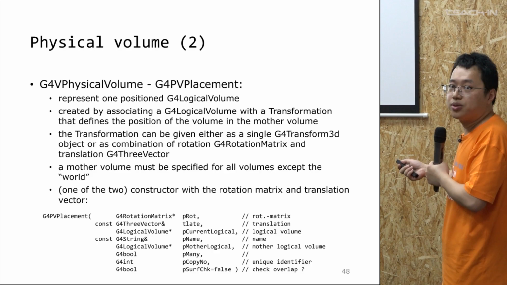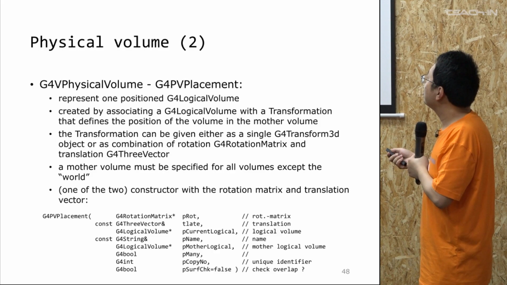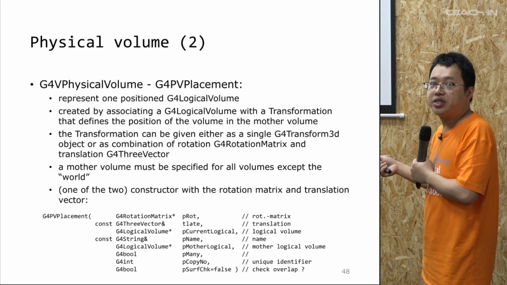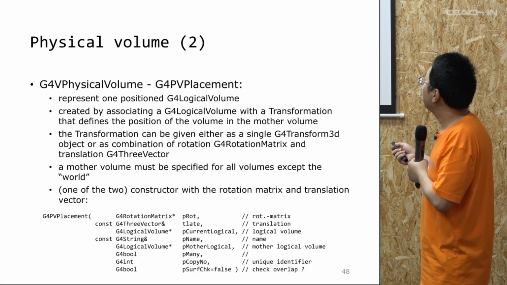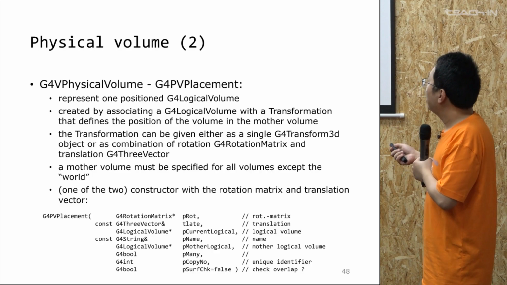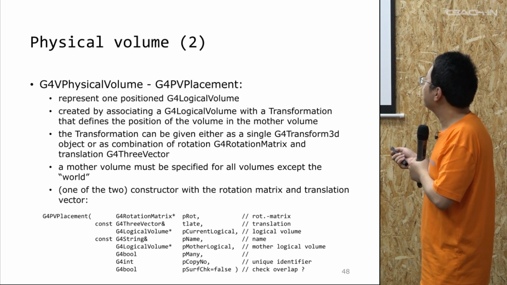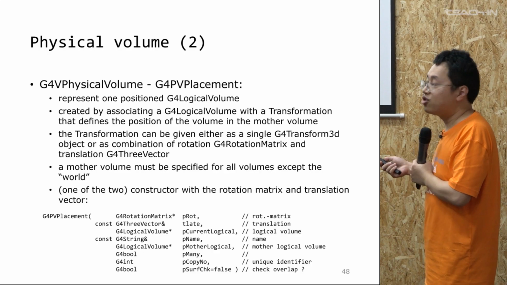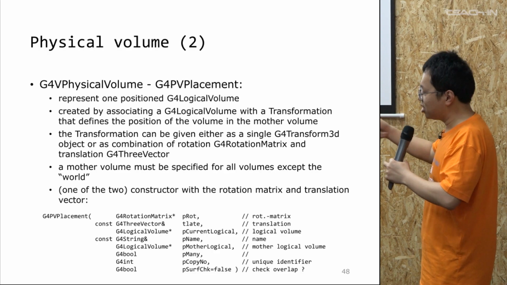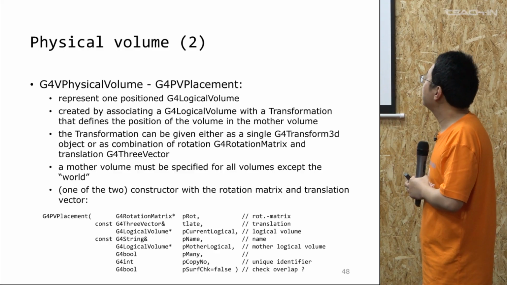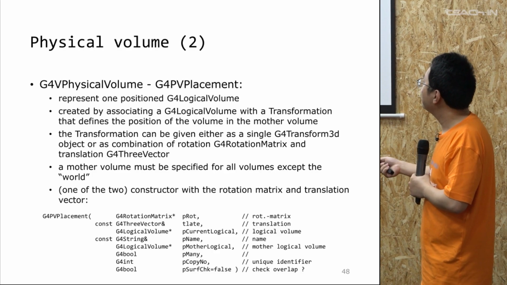So this represents just one position, and you always need to associate a logical volume with it, and then you also need to define the transformation, and also you need to specify its mother volume. So in Geant4 there are two ways to represent the relationship between the mother volume and the daughter volume. So you can just choose one.